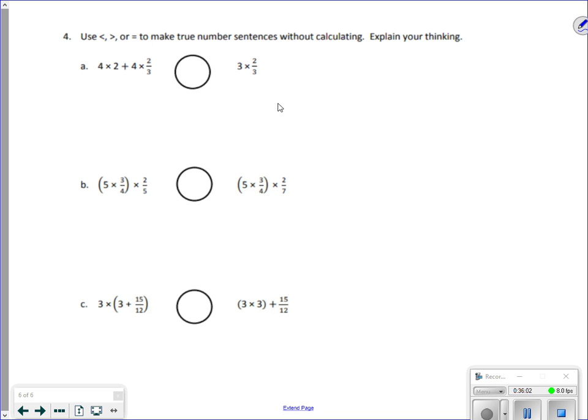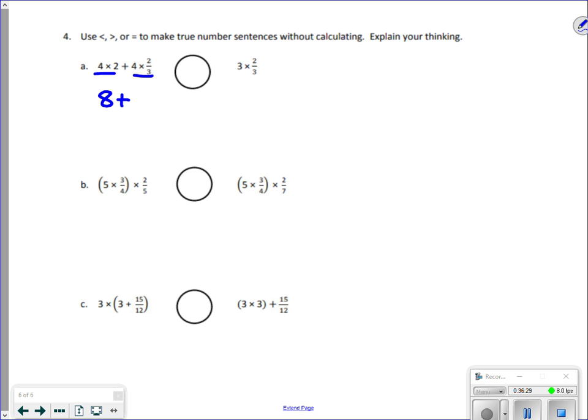So here I've got multiplication, addition, multiplication. So you have to do 4 times 2, 4 times 2/3, take those two products, add them together. 4 times 2 is 8, plus 4 times 2/3.